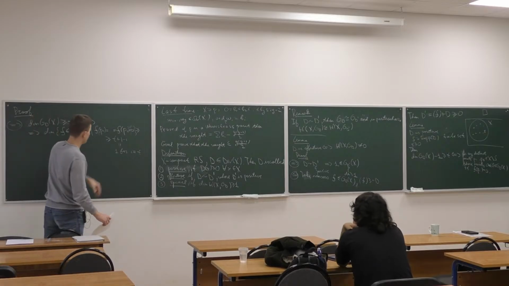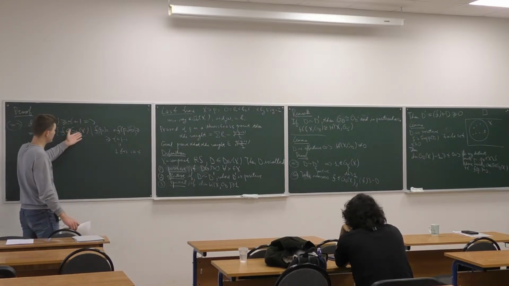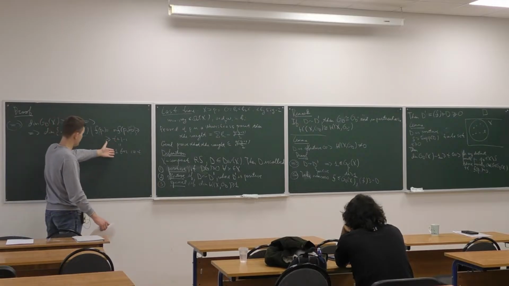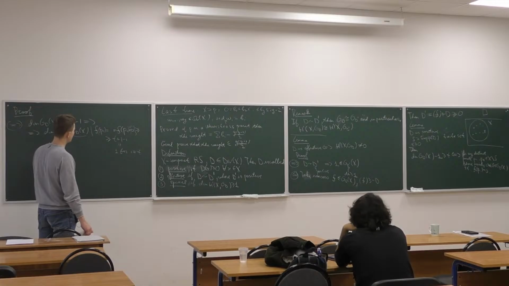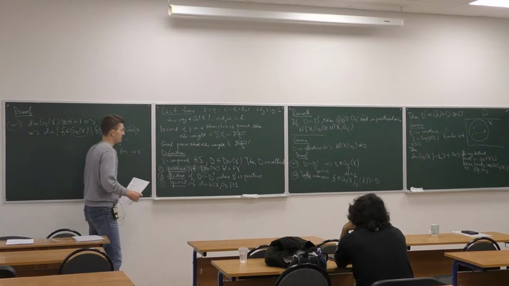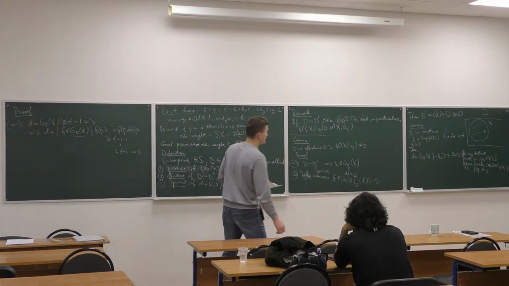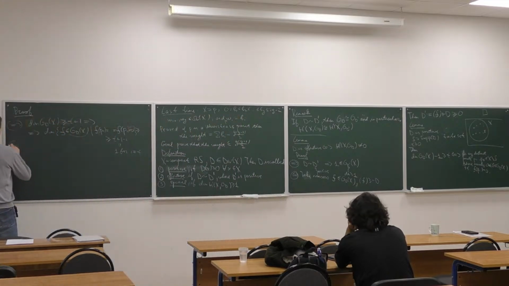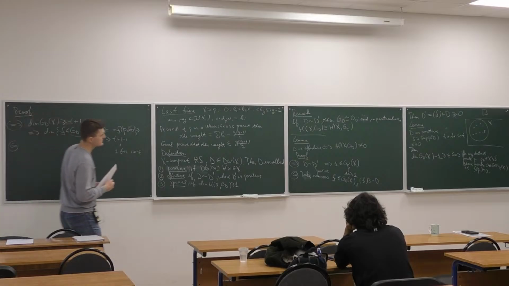You look at the functions that vanish at all these points, and the dimension of this space is at least 1. And then such a non-zero function exists.